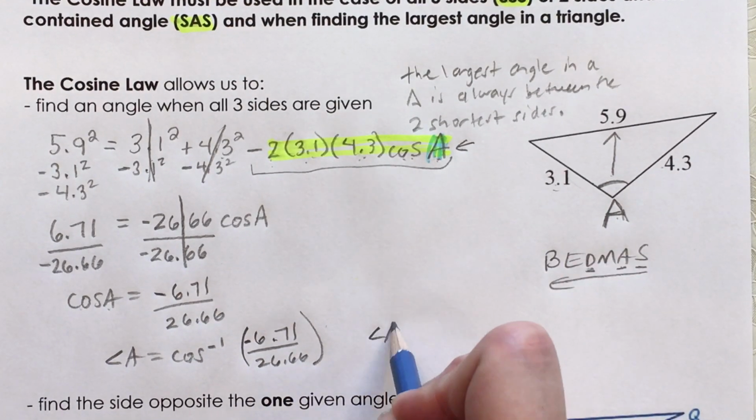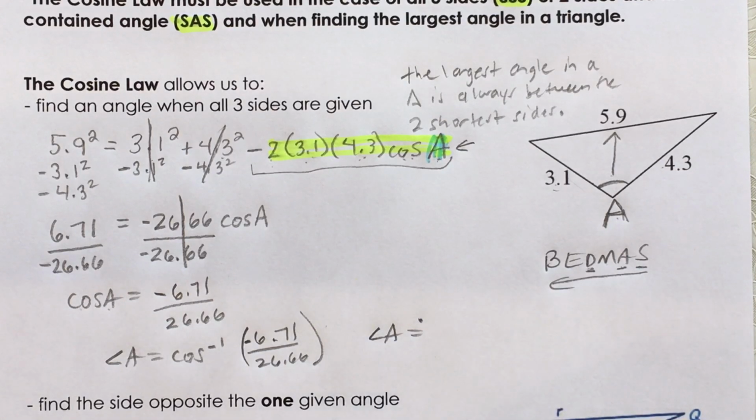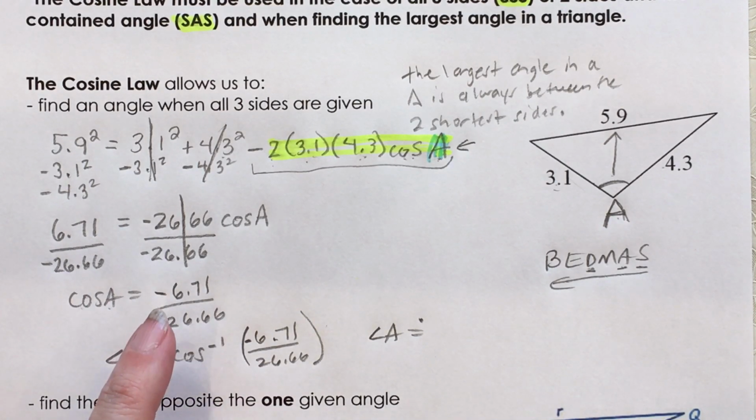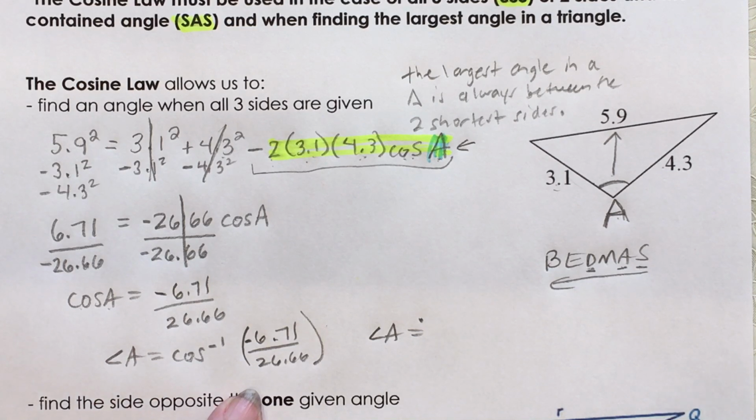And then you just have to be able to put that into your calculator properly. So depending on your calculator, you might do negative 6.71 divided by 26.66 equals, and then shift or second and cos. Some calculators you start with second and cos, and then negative 6.71 divided by 26.66.